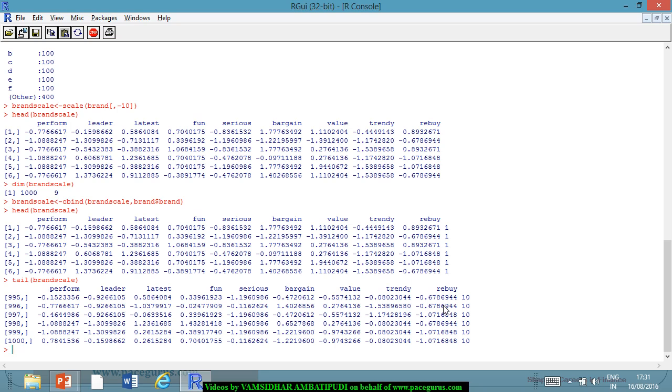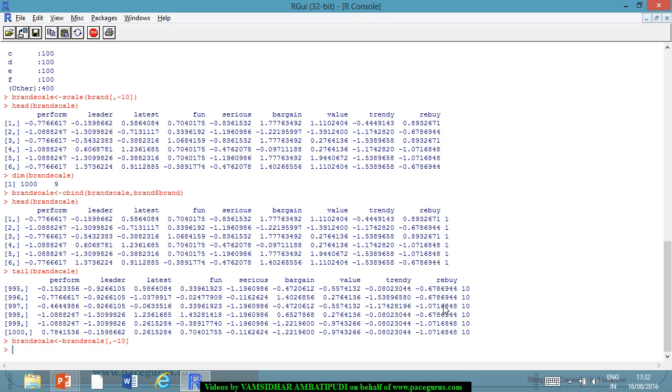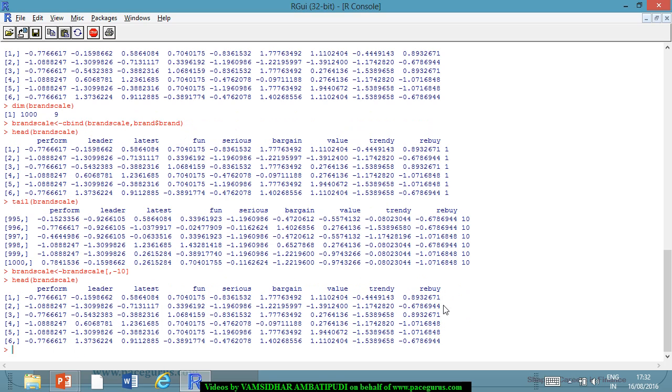So I can do a cbind of that, or probably let me omit and redo it again. For brand scale, I'll take all the rows and remove the 10th column again. Now when I recheck the brand scale, it is again only up to here.